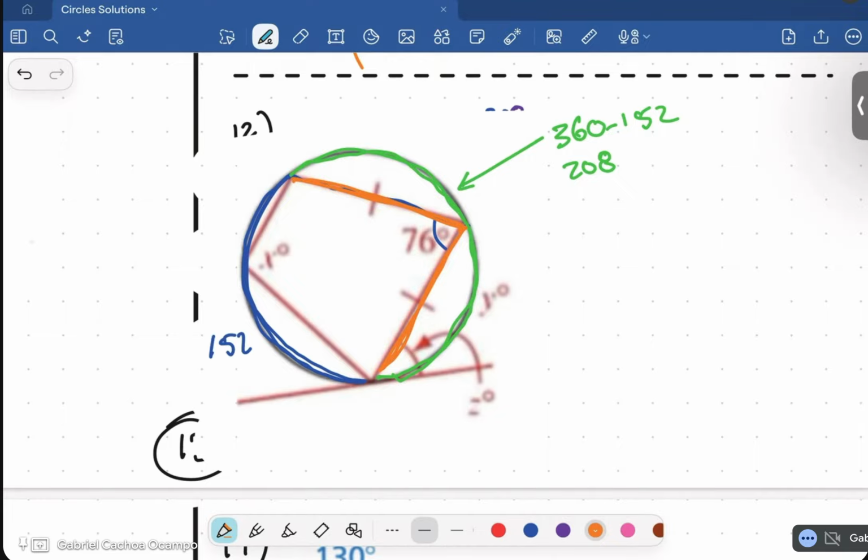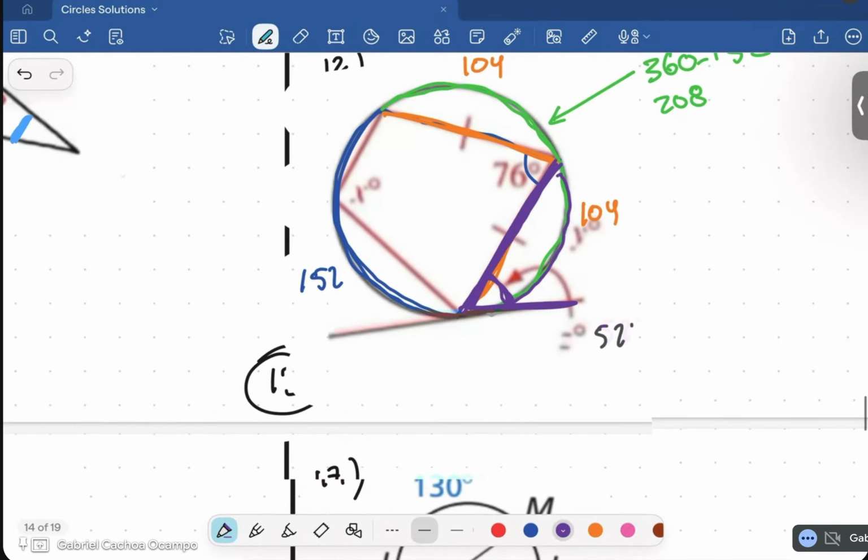O sea, this is going to measure 104 and this is going to measure 104. O sea, arc Y measures 104. Then angle C is this angle that is in between the circumference. This is going to be half of this arc. O sea, C is going to be half of 104. It's going to be 52. Okay.